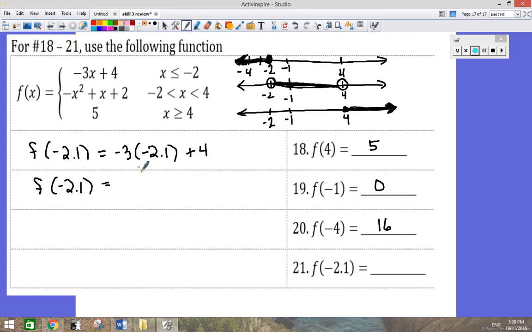Negative times the negative is positive. 3 times 2.1 is 6.3 plus 4, and isn't that 10.3? So I get 10.3 here. Hopefully I haven't made any silly arithmetic type errors, and hope that helps.